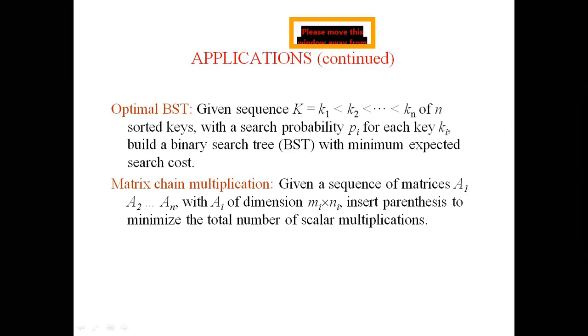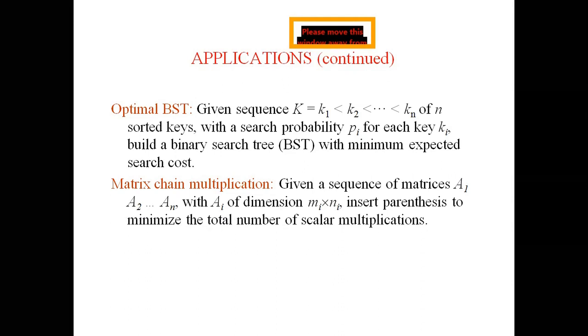Now, matrix chain multiplication. Given a sequence of matrices A1, A2, and so on up to An, with Ai of dimension mi by ni, insert parentheses to minimize the total number of scalar multiplications. That means you are multiplying matrices one with another.